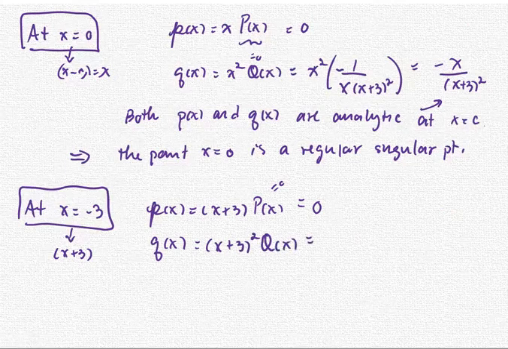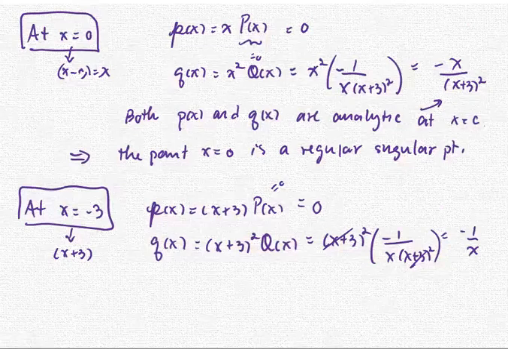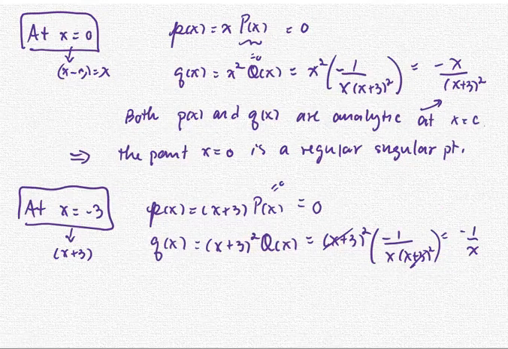Then I'm going to write it again: x plus 3 squared multiplied by negative 1 over x times x plus 3 to the second power. Then we get negative 1 over x. That's nice. So the target is x equals negative 3, and x equals negative 3 doesn't make the function q(x) undefined. So same answer as the point x equals 0.